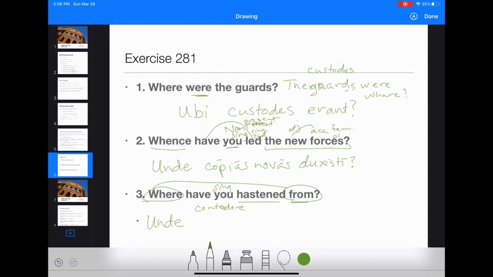So singular, second person, and have you is going to put us back in the present perfect tense. So undi contendisti is our final answer.